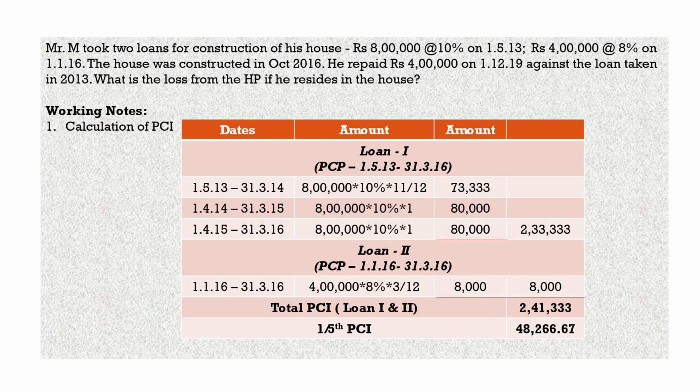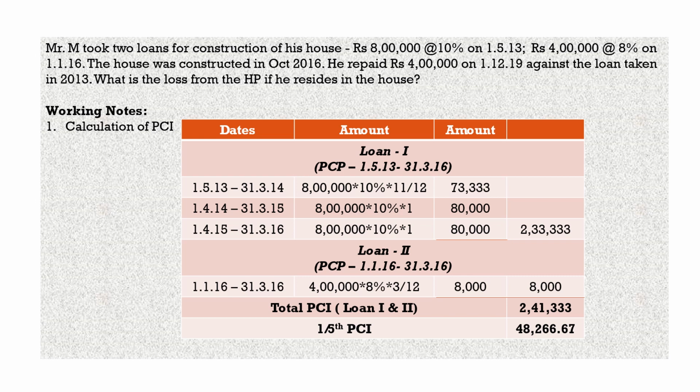The provisions of interest on loan can be better understood from this example. Mr. M took 2 loans for construction of his house, rupees 8 lakhs at 10% on 1/5/13 and rupees 4 lakhs at 8% on 1/1/16.